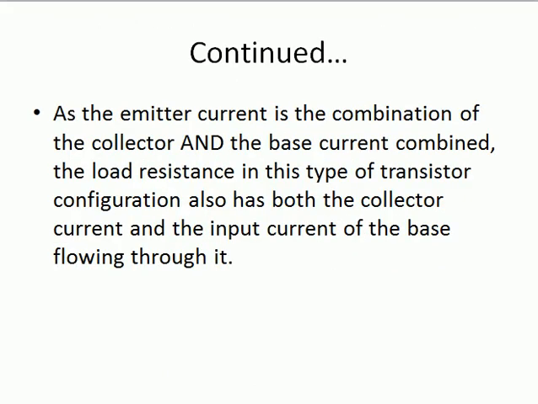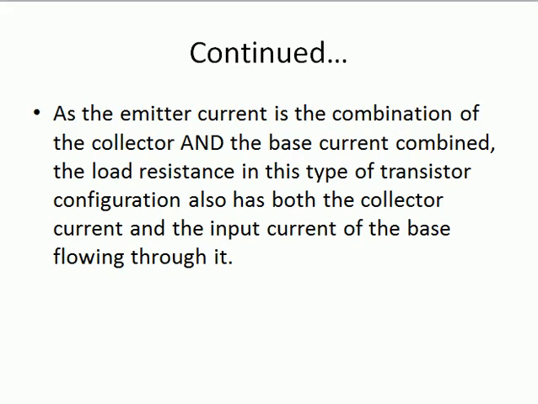The emitter current is the sum of IC and IB, and always remember this, IE is equal to IC plus IB. The amount of IB current is very less, approximately equal to 0. So when we are discussing the transistor as an amplifier, we say that IE is approximately equal to IC. The emitter current is the combination of collector and base current combined.